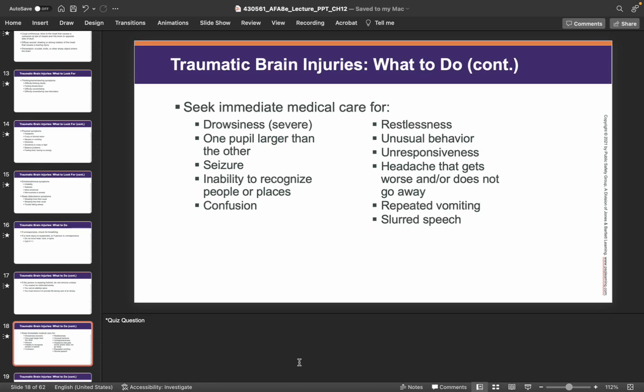Have them get seen right away. Okay, that's another sign of a serious brain injury. Or if they're unable to talk or have any sort of slurred speech, that is a very serious type of neurological symptom or symptom of a brain injury. Okay, there may be damage to the brain that's not just concussion related.